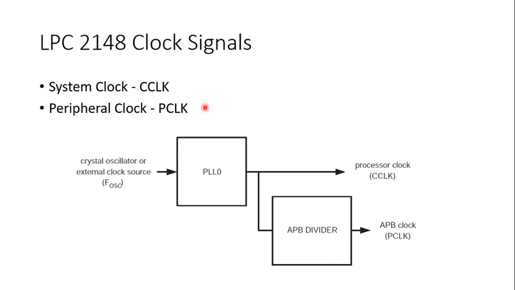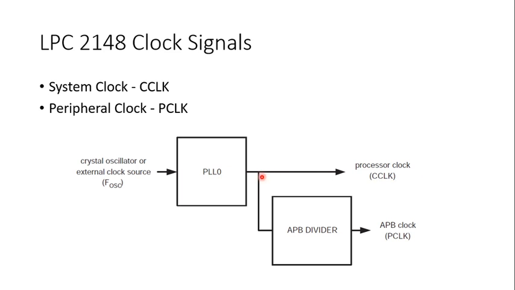So how the system clock and peripheral clock work is given here. The crystal oscillator or external clock source is given as input to PLL0 and its frequency is denoted as F oscillator. The output of PLL0 you can call the processor clock or CCLK.